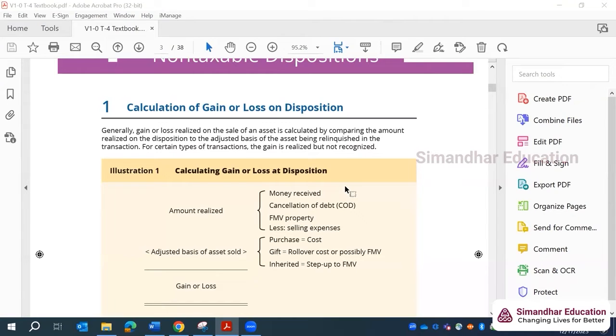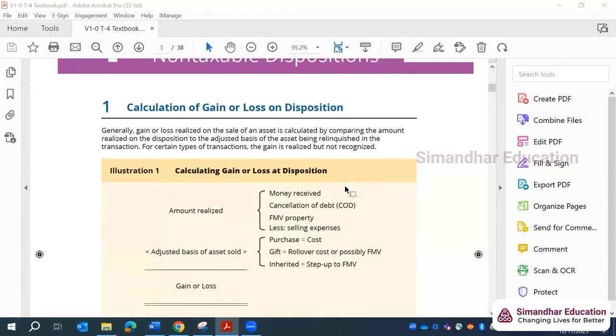That means whoever is gifting you, whatever price they paid for the property, that is going to be your basis in the property. There is also a way to inherit. When do you inherit? Obviously, when the person who owned the property passes away and you are the beneficiary. Whenever you inherit a property, it is at the fair market value.